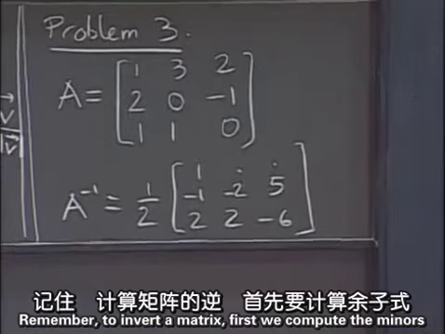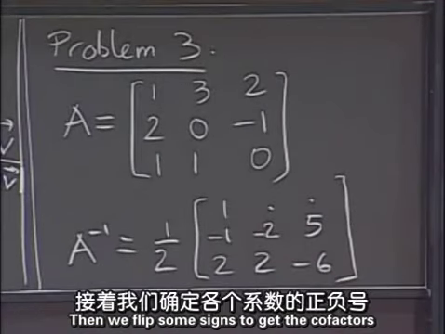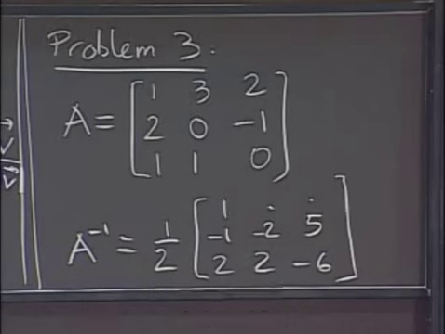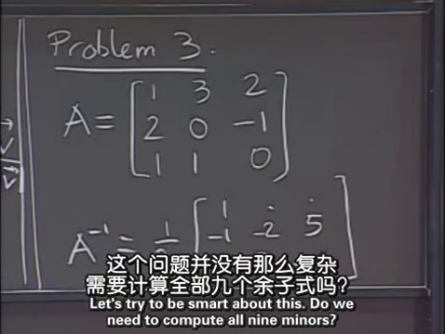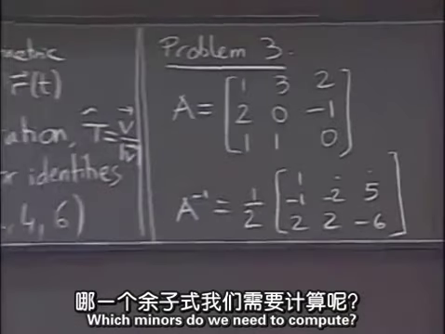Remember, to invert a matrix, first we compute the minors, then we flip some signs to get the cofactors, then we transpose, and finally we divide by the determinant. Let's try to be smart about this. Do we need to compute all 9 minors? No, we only need to compute 2 of them. Which minors do we need?